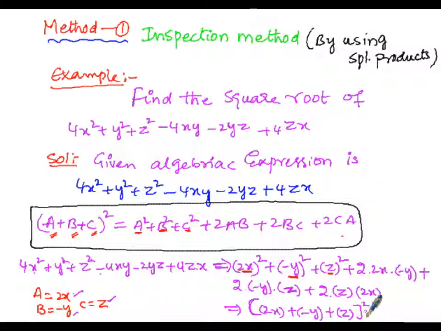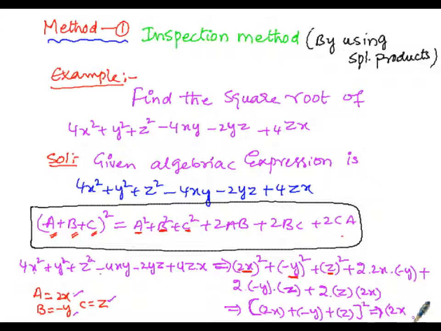So in this manner we have utilized this special product a square plus b square plus c square plus 2ab plus 2bc plus 2ca, which equals a plus b plus c whole square, as 2x plus minus y plus z whole square. This is a and this is b and this is c. Then the next logical step: 2x is positive, we can write it as 2x as it is.